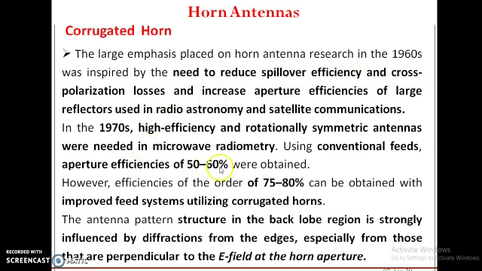Efficiency is also 50 to 60% without the corrugated horn. After using it, it becomes 75 to 80%. Of course, the structure in the back lobe region is strongly influenced by the diffractions from the edges, especially from those perpendicular to the E field and H field.